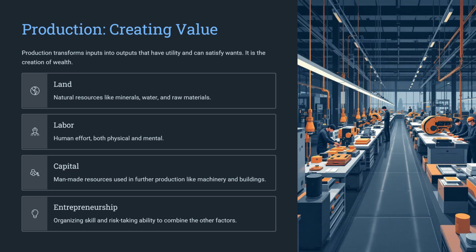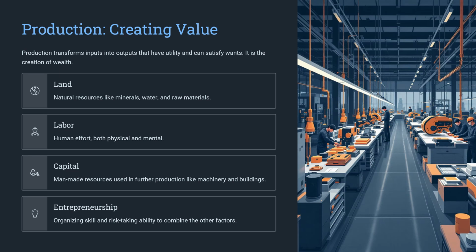The laws of production, such as the law of variable proportions and returns to scale, cost concepts, and the role of technology in improving productivity, are studied here. This division highlights how resources can be combined efficiently to generate maximum output and wealth.